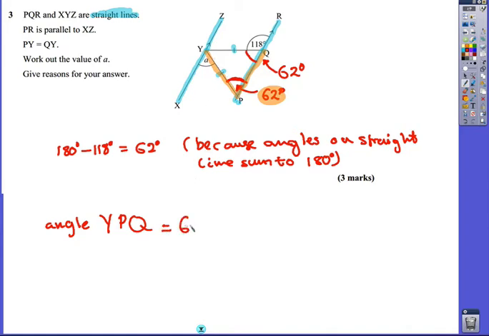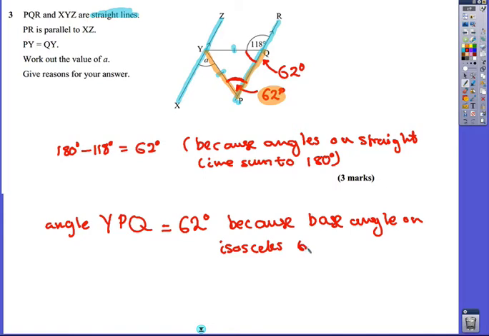YPQ is equal to 62 degrees because base angles on an isosceles triangle are equal. And this would give you the second mark.